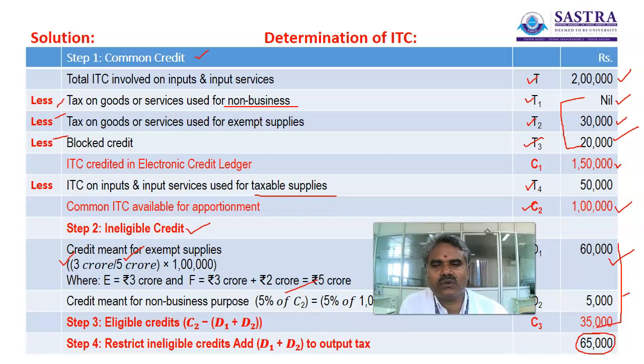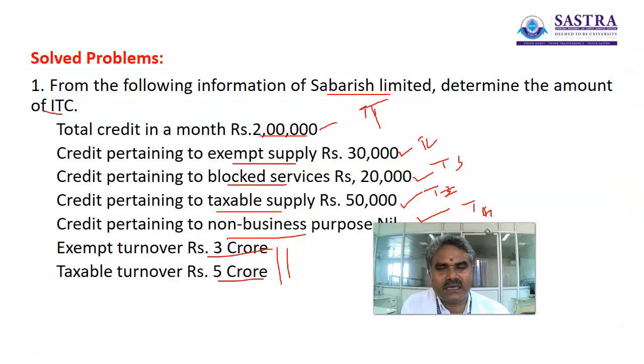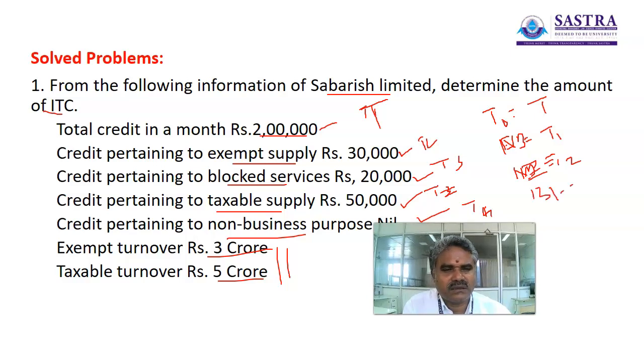Hope you could understand. So you have to classify the input tax. Total is T, non-business T1, exempt T2, block T3, taxable T4.